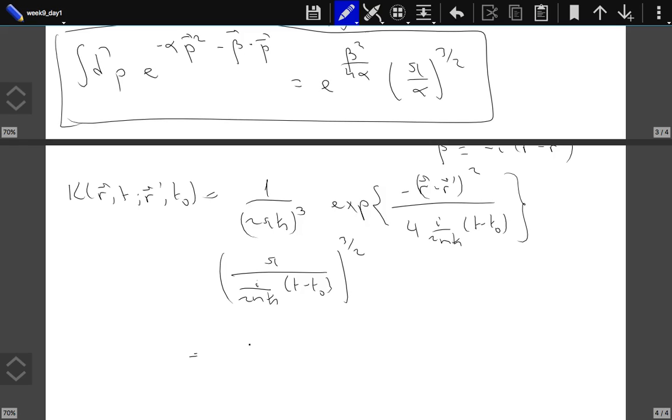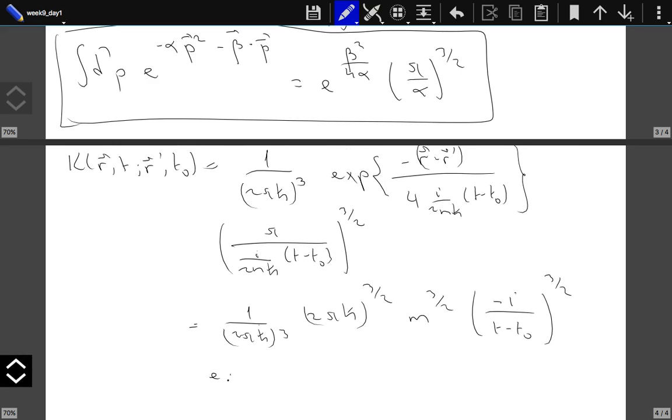This is 1 over (2 pi h bar) cubed, times (2 pi h bar) to the power 3 halves, m to the power 3 halves, minus I over (t minus t0) to the power 3 halves, times exponential of I m h bar over 2, (r minus r prime) squared divided by (t minus t0).